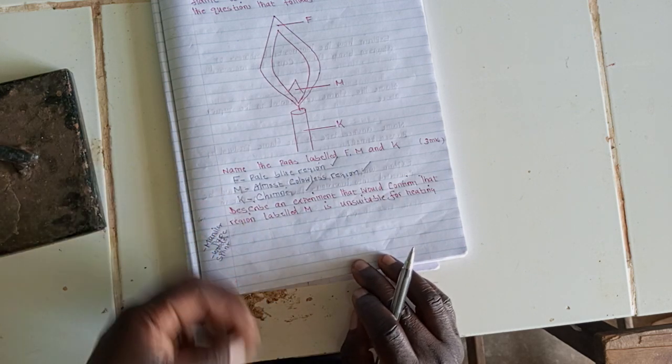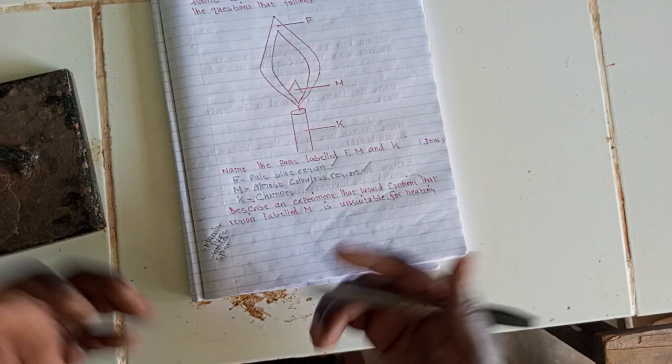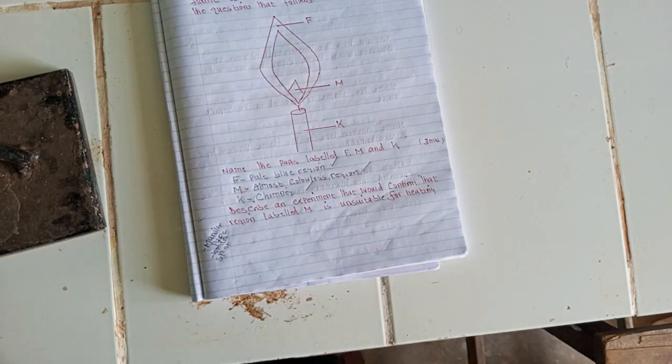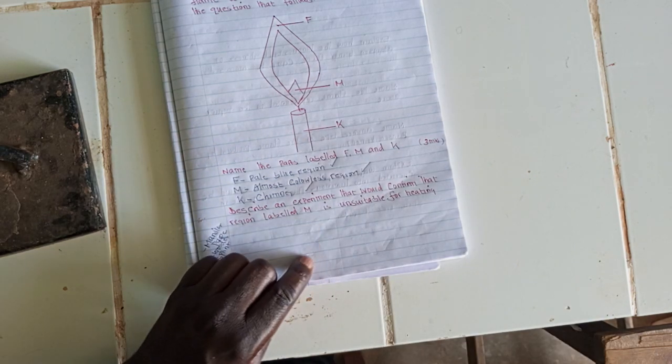So you give a procedure to be followed, using a manila paper, until you show that this region is unsuitable for heating.